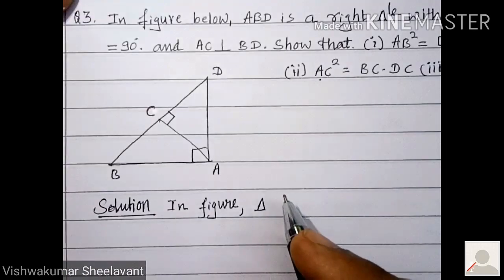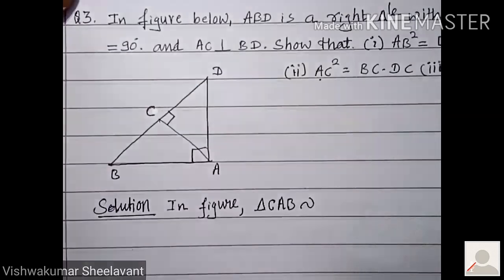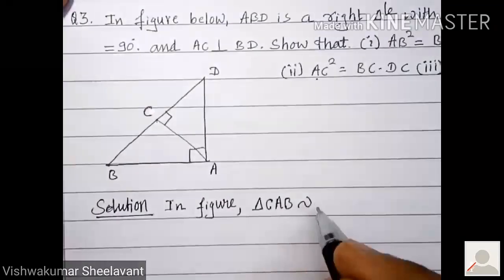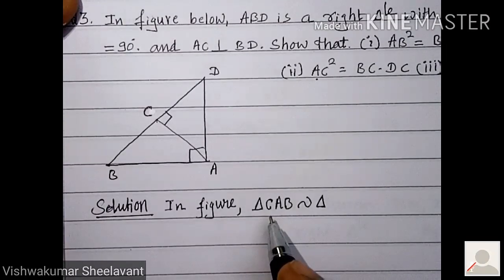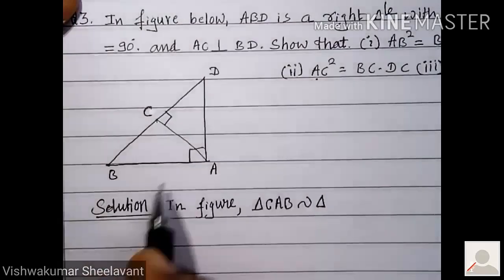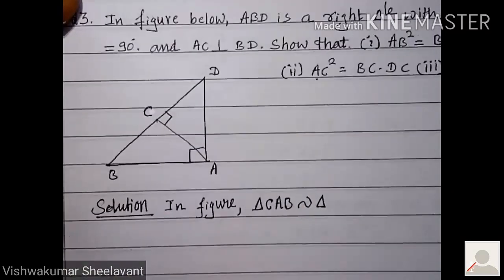Triangle CAB is similar to triangle ABD. Angle C is 90 degrees in triangle CAB. In triangle ABD, which angle is 90 degrees?